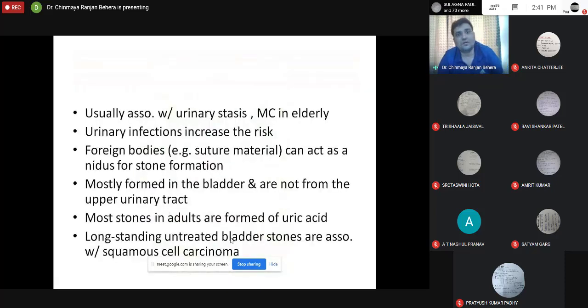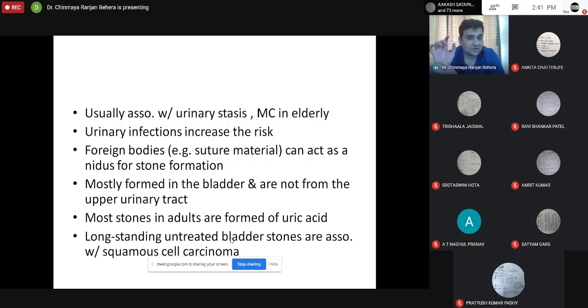Now coming to the bladder calculus, it is usually seen in elderly people with frequent urinary infection, or if there is any foreign body, sometimes some suture material can act as a nidus for stone formation. Mostly they are formed in the bladder.